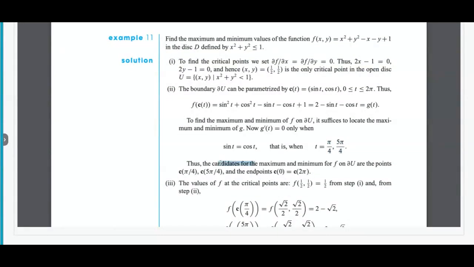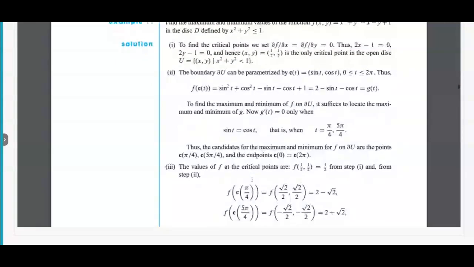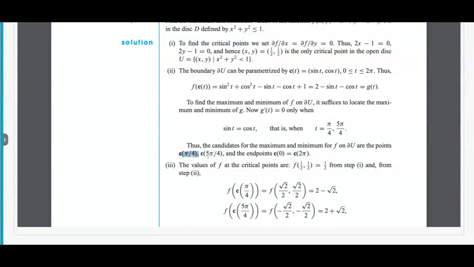So we'll have those candidates: the critical point (1/2, 1/2), pi over 4, and 5 pi over 4. So we calculate c of pi over 4 and c of 5 pi over 4. And the boundary endpoints are c of 0 and c of 2 pi.